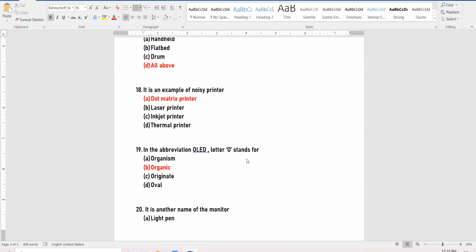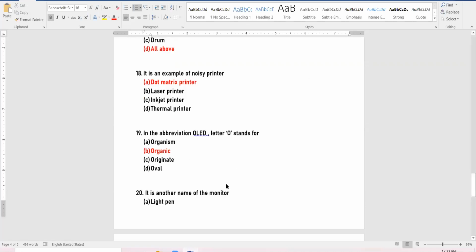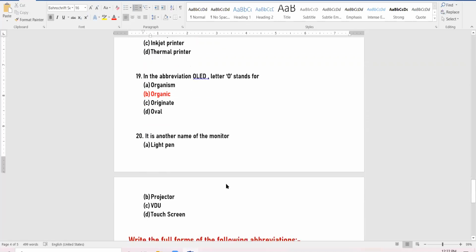Last MCQ. It is another name of the monitor. Light pen, projector, VDU, touchscreen. Again, so many hands. Let me see the child who has not answered in the previous.